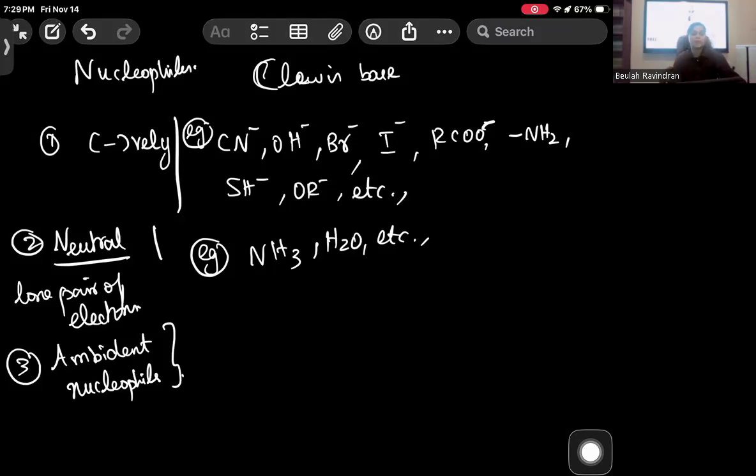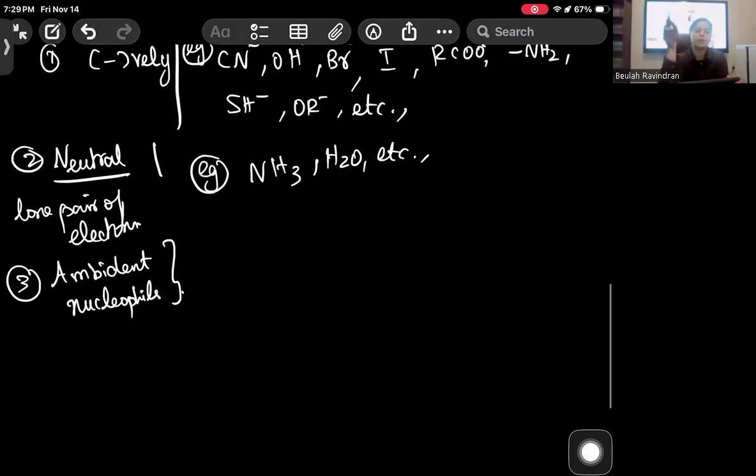Some nucleophiles have a pair of electrons on two or more atoms, or we can say canonical forms, as I explained in resonance structures and chemical bonding.